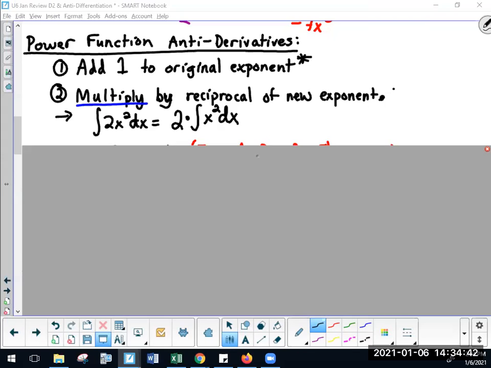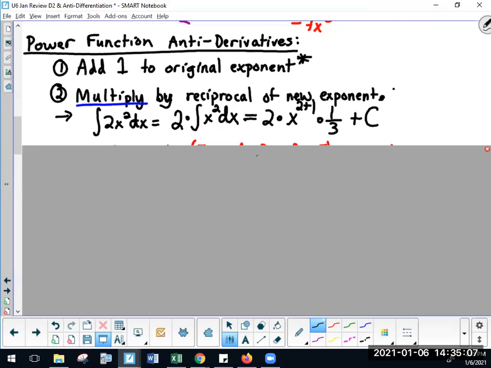So how do we do that? Well, we've identified this as a power function. We should add 1 to the original exponent. So this is going to be 2 times, I can't do 2 plus 1 yet, I'm just going to write it down as 2 plus 1. And then I need to multiply by the reciprocal of 2 plus 1. Oh, 2 plus 1 is 3. And then remember, this is an indefinite integral.